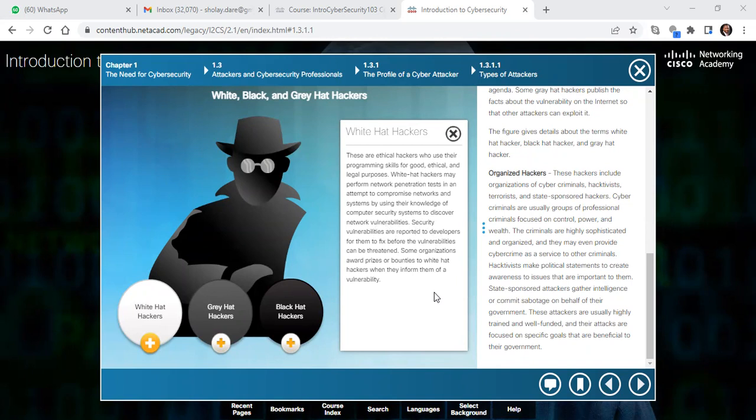So some organizations award prizes or bounties to white hat hackers when they inform them of vulnerabilities.